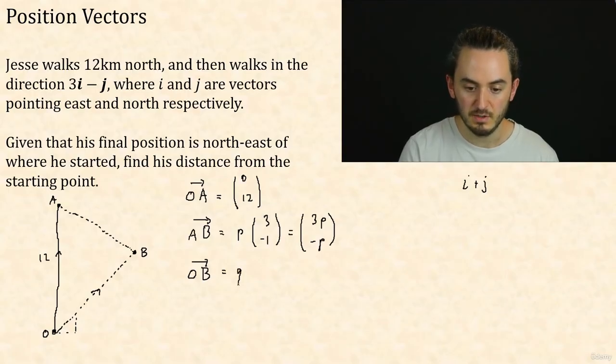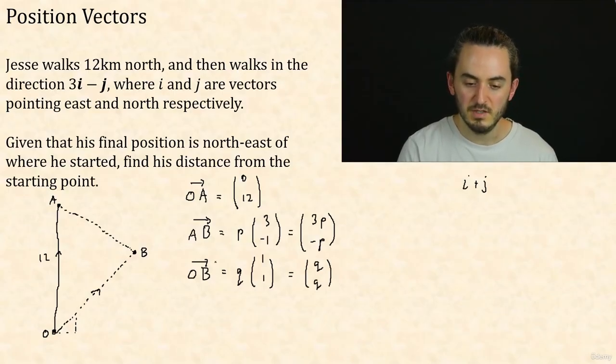So it's maybe q lots of 1, 1, or put another way, q, q. So what we have is two ways to describe the position vector of B. B could either be reached by going O to A first, and then A to B, or we could go straight from O to B.